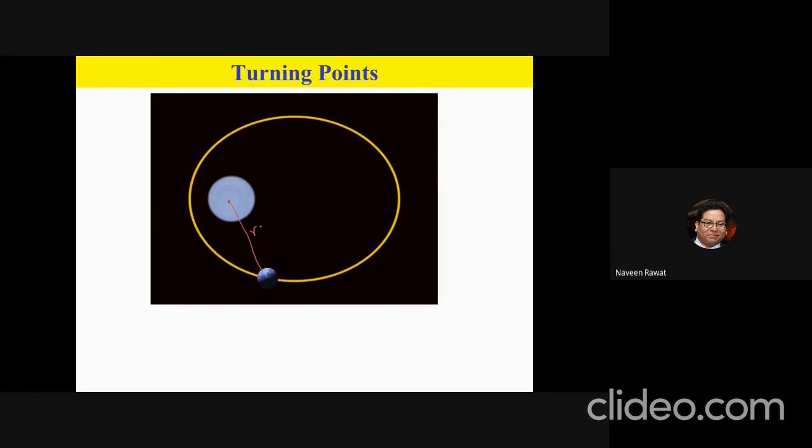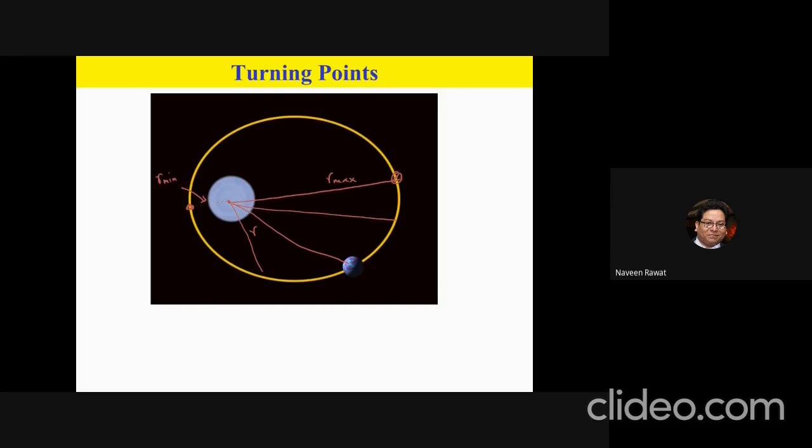Now, if you notice what is happening to this, r is actually changing, right? And how is it changing? It's actually increasing. If you look at this farthest away point right here, this is where you have the maximum value of r, and diametrically opposite, at this position, r is going to be minimum.